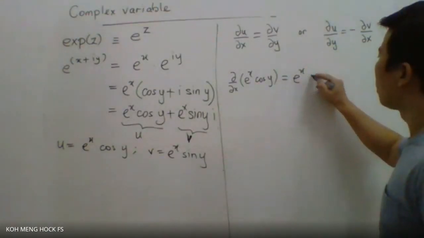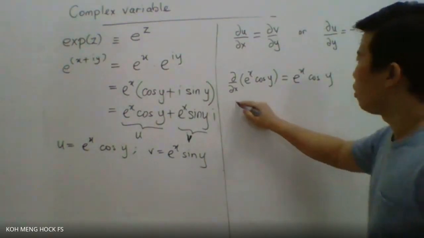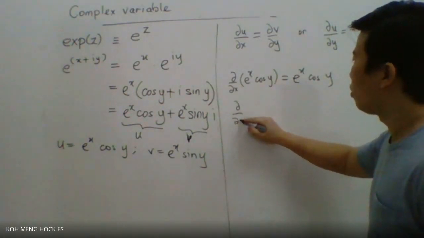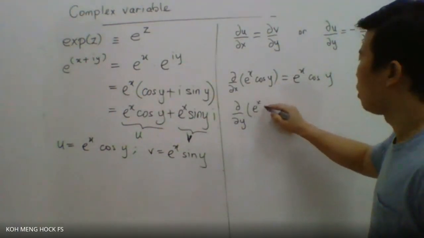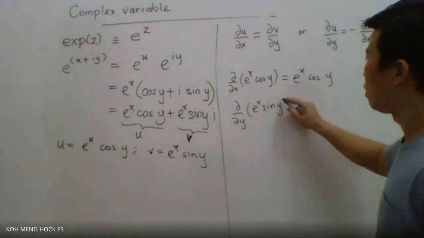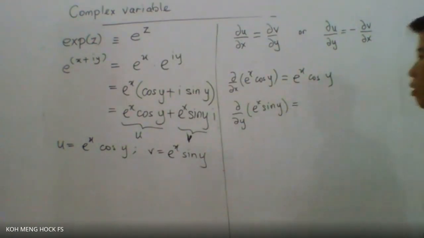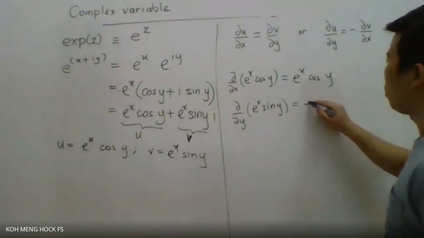So if you take now the partial derivative of v, which is e^x sin y, with respect to y, what do you get? e^x cos y, very good.